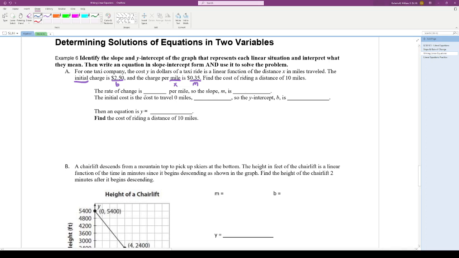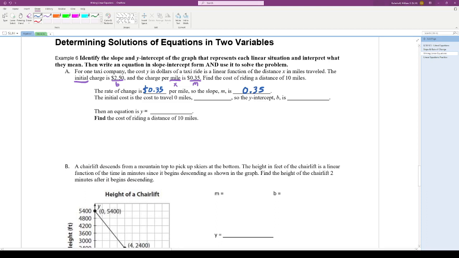So the rate of change is 35 cents per mile. So $0.35. So the slope is 0.35. When we're talking about slope, we're not going to use units. We're just going to talk about a number or a ratio. So this is not that helpful as a slope.